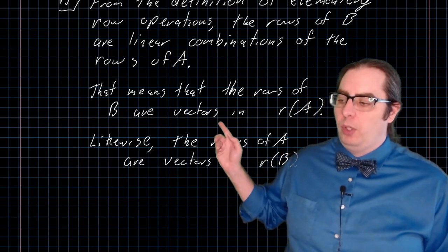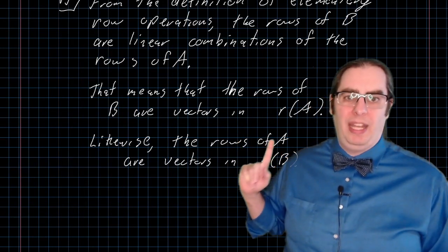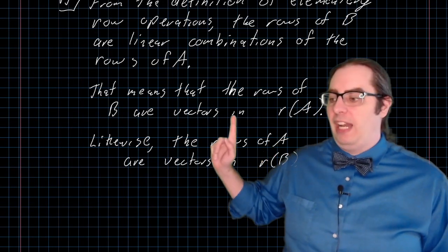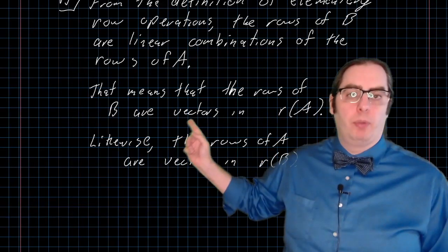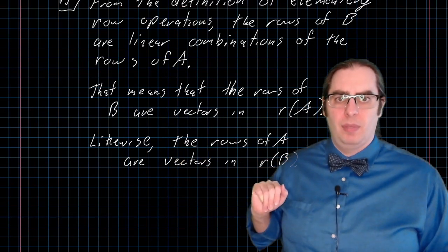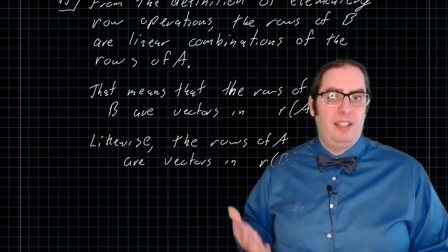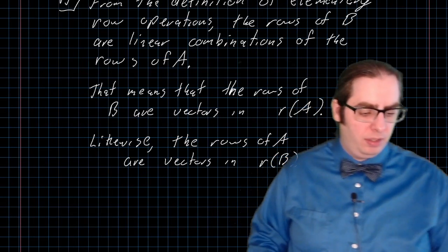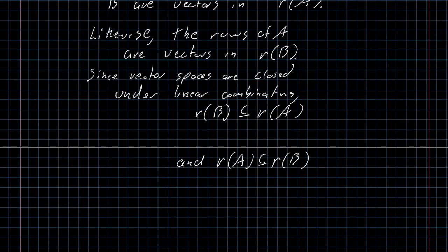So if all of the rows of B are in the row space of A, that also means that every linear combination of the rows of B is in the row space of A. And we can express that as a subset. I'm going to write that since vector spaces are closed under linear combinations, the row space of B is a subset of the row space of A, and the row space of A is a subset of the row space of B. Again, this is piling all of our definitions together.